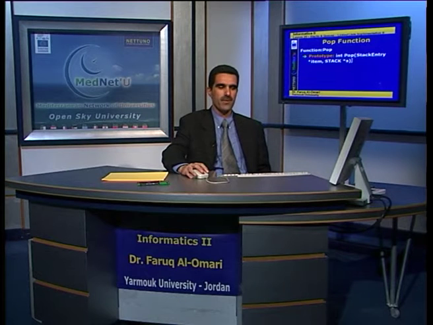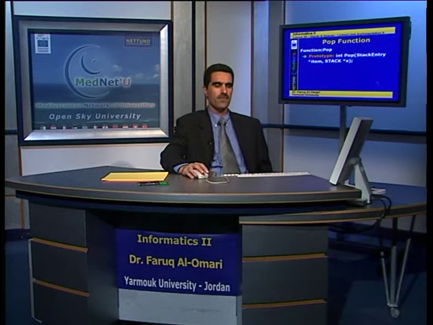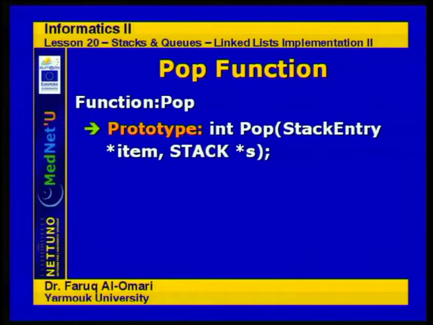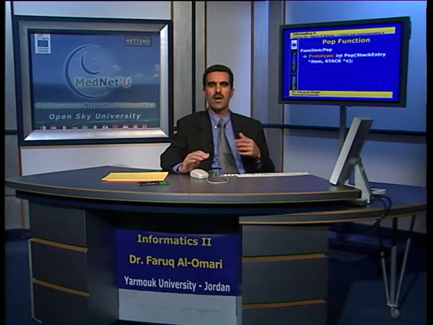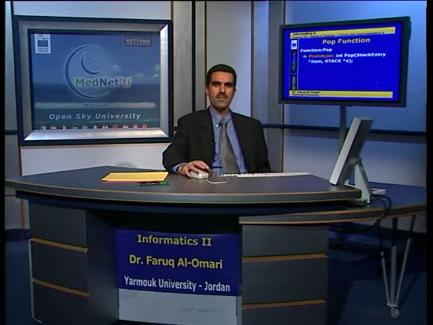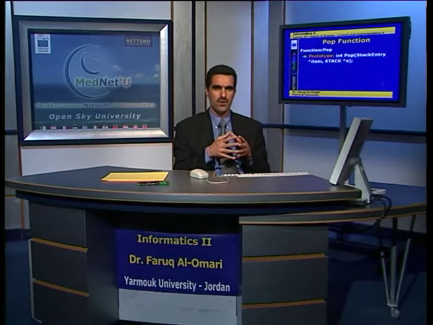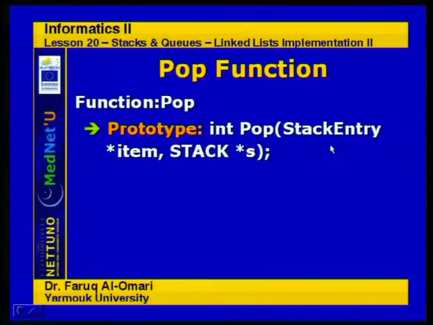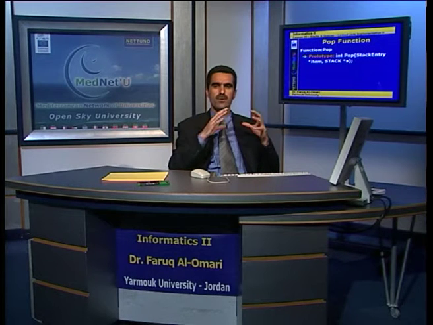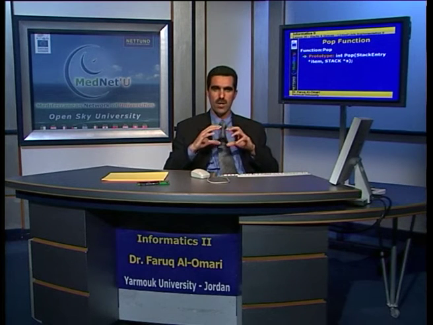Okay, let's develop the function to do that. The prototype for the function looks like this. The name of the function is Pop, and it's going to return an integer value. And again, this integer value is used to say the operation was successful, 1, or unsuccessful, 0. Basically, what I need to pass to this function, as before, is the item, and this item is basically some variable that I'm going to put the content of the node on top of stack in.